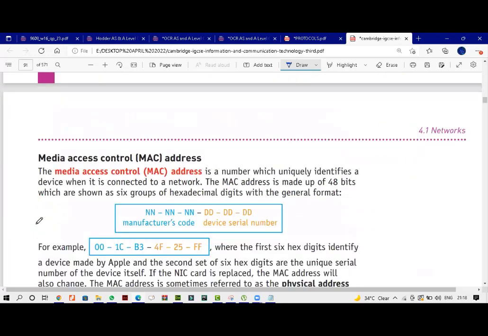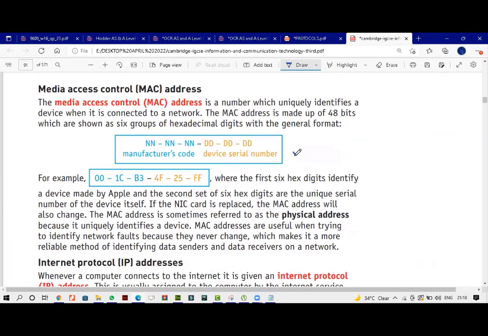Then you have a discussion about media access control, the MAC address we're referring to. A MAC address generally is 32-bit or 48 bits, depending. Now it's 48 because more and more devices are joining the network. It's just like when we discussed IPv4 and IPv6.